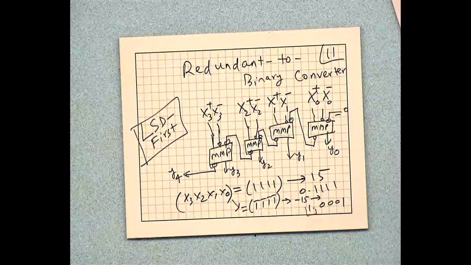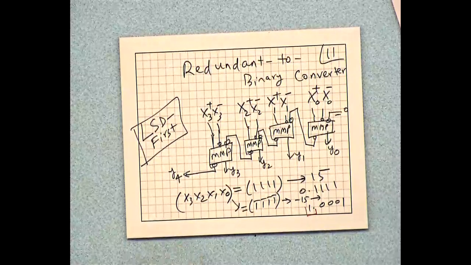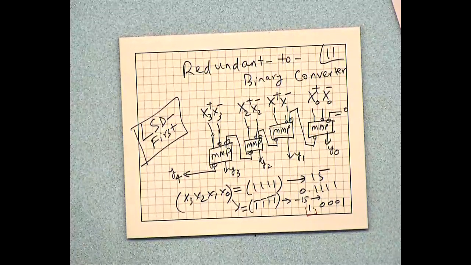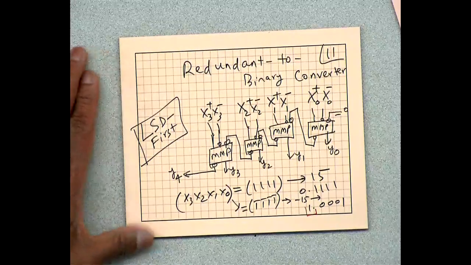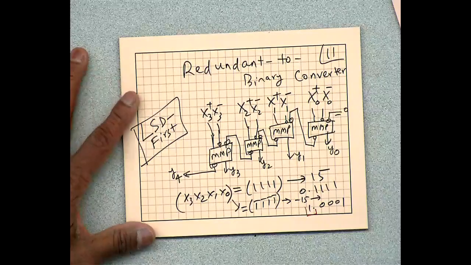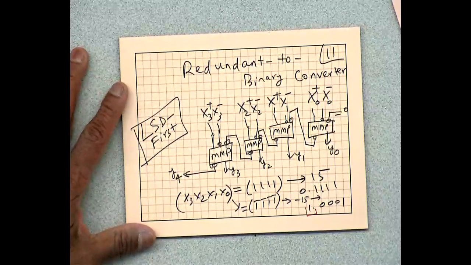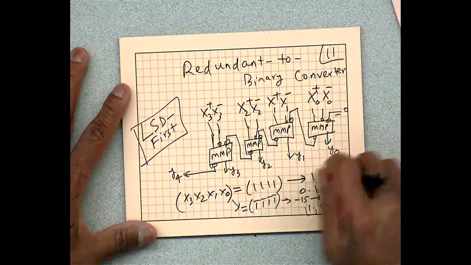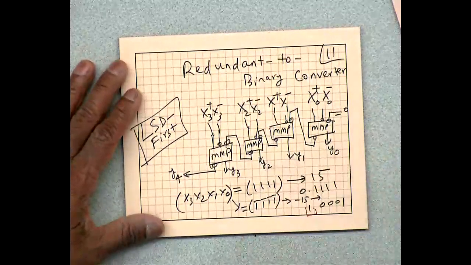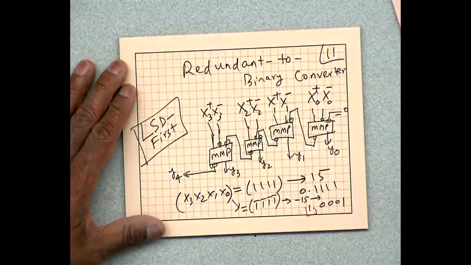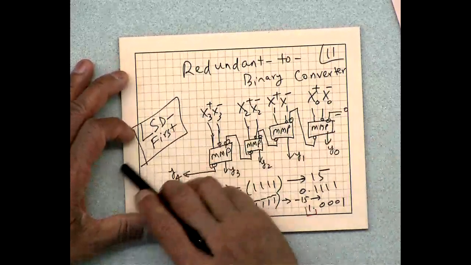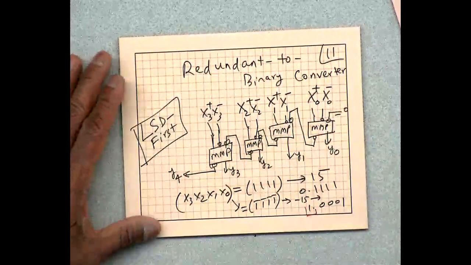Now, I was talking about how redundant numbers can be added most significant digit first, but how can we really perform this redundant to binary conversion? Is it possible to convert the redundant number to a binary number in MSD first manner?